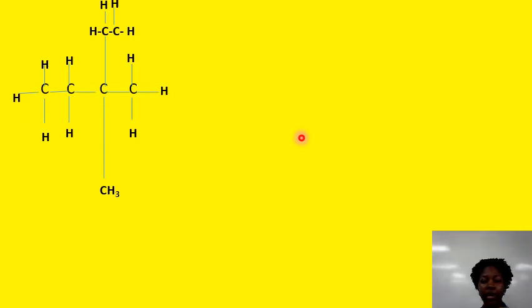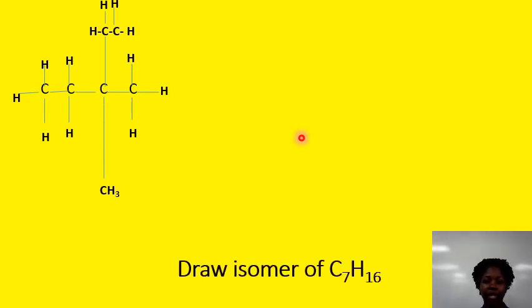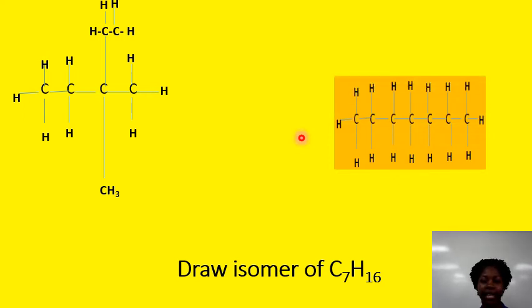Okay, so now I am going to draw yet another isomer. C7H16. Of course, we have again our original isomer, which is our straight chain heptane. Now I am going to break apart this chain so that I can create a different structure for C7H16, because that's all I'm doing.